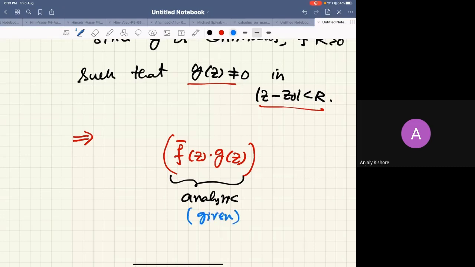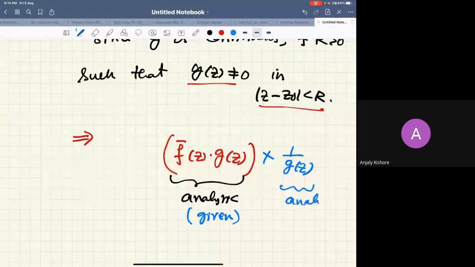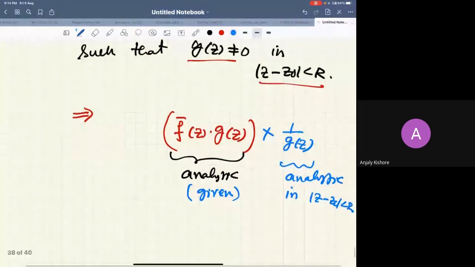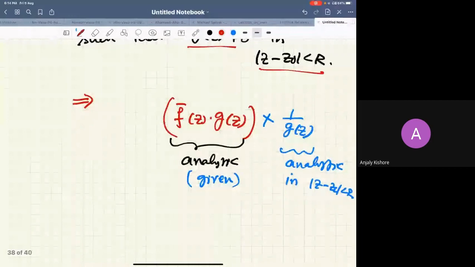My g is non-vanishing in this domain, so I can always define 1 over g. So I will write this into 1 over g of z. Now this is also an analytic function in mod z minus z naught less than r, because g of z is not equal to 0.